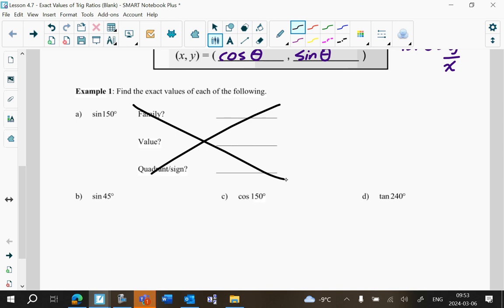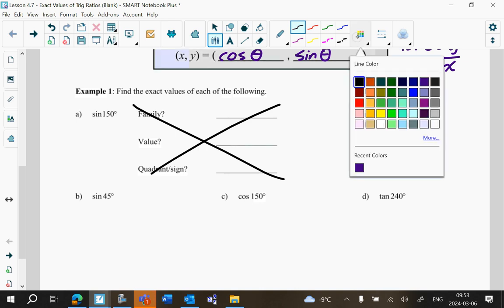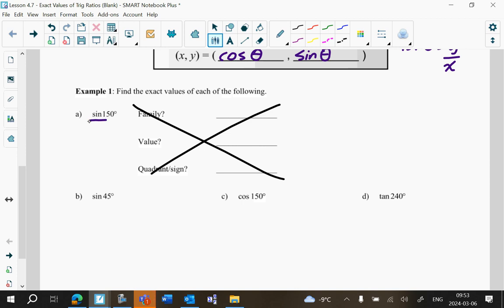Here's how we would tackle it. So let's say I want you to find the sine of 150 degrees. First of all, the sine tells me the y value. So I need to find the point on the unit circle at 150 degrees, and its y value will be sine.